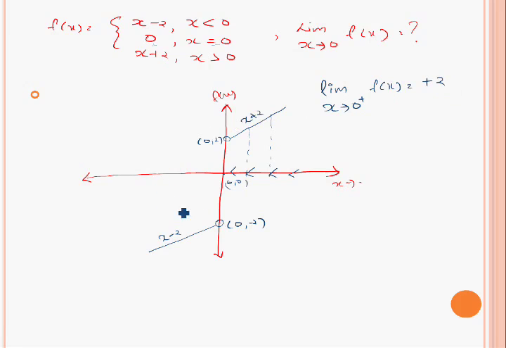And when we are approaching from left hand side, we can see that the function f of x is tending towards minus 2, that is, limit x tends to 0 from left hand side, f of x equals minus 2.